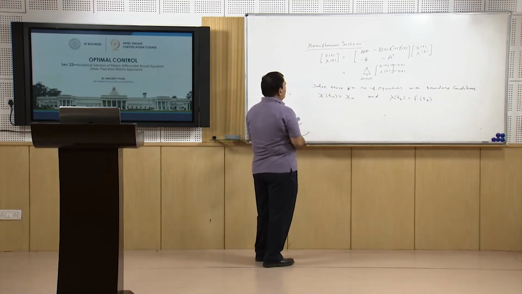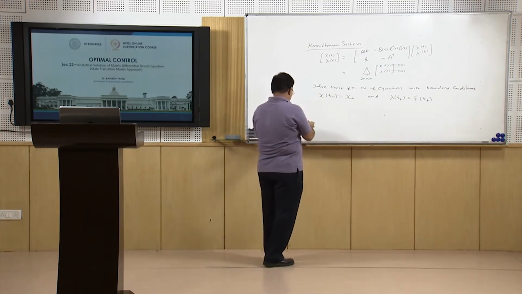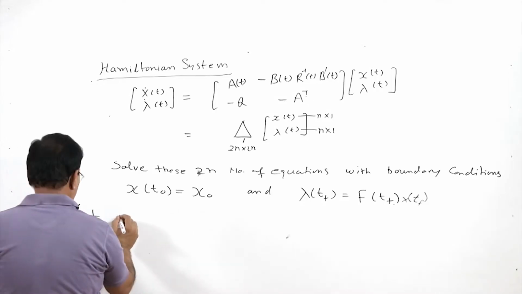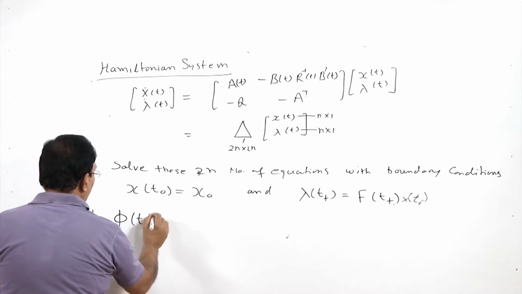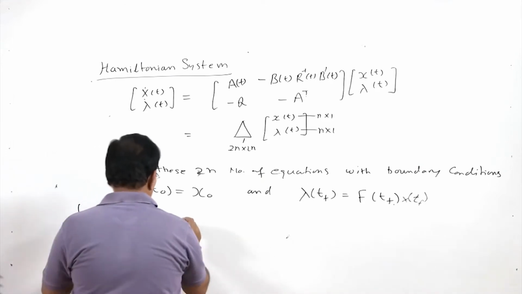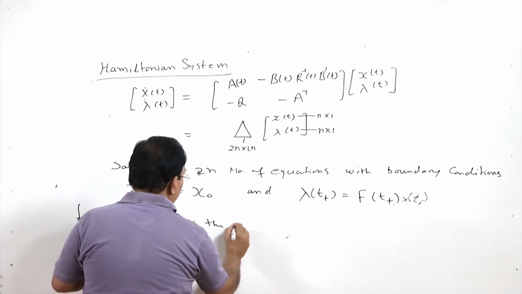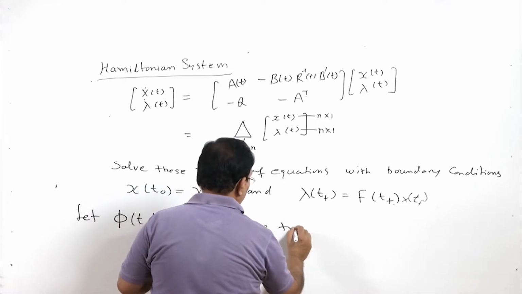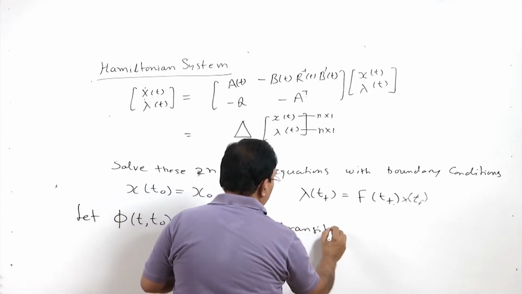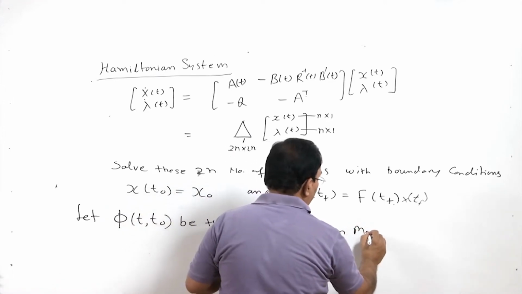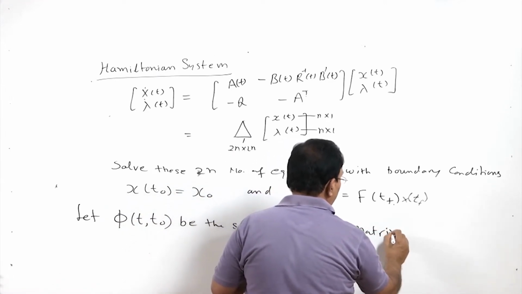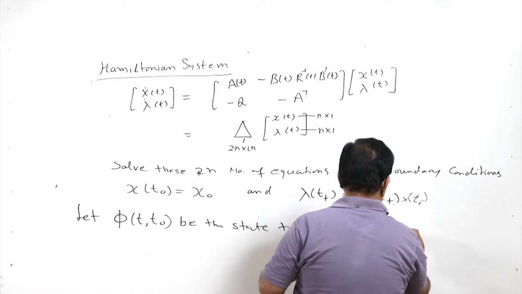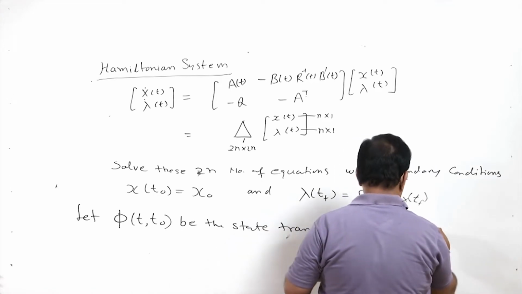The solution of this equation can be written as follows. To solve this, let phi(t, t0) be the state transition matrix of the Hamiltonian system.